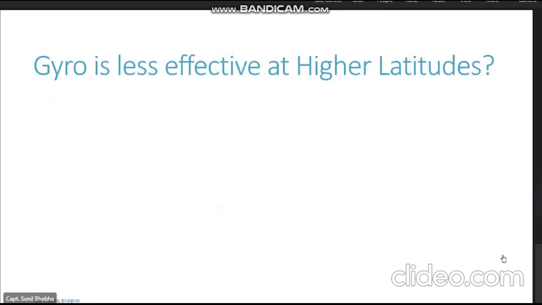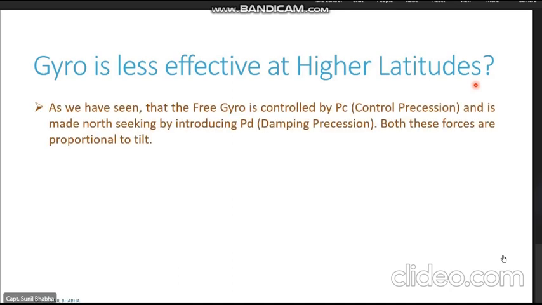Asked in the examinations also, written as well as orals, why is gyro less effective at higher latitudes? Now, with our understanding of these four forces, we can very easily appreciate why the gyro becomes less effective and almost loses its directive force when we go close to the poles in higher latitudes.